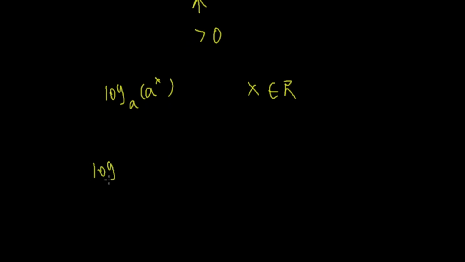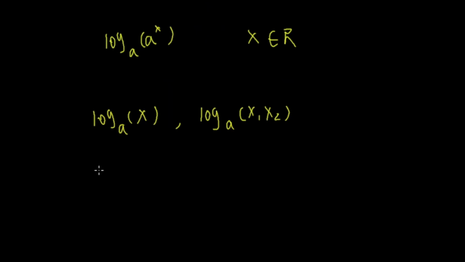How about these ones here? Let's say log x to the base a, or log x sub 1 times x sub 2 to the base a, or log of 1 over x to the base a, or log of x sub 1 over x sub 2 to the base a.